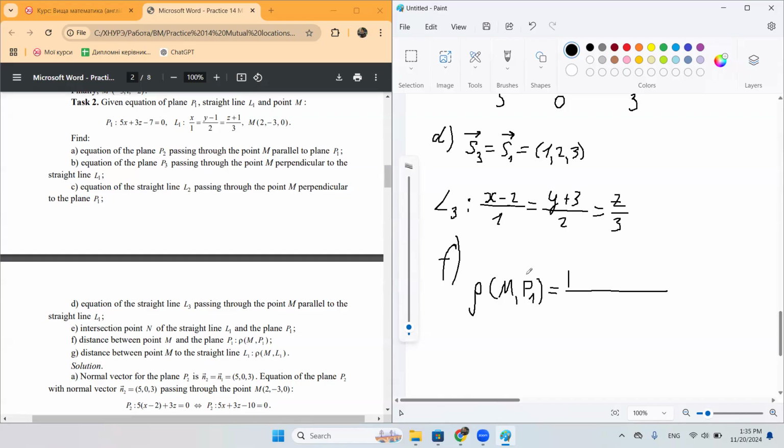So, 5 by 2 plus 0 by minus 3 plus 3 by 0, nice, minus 7, and divided by the magnitude of the normal vector. So square root of 25 plus 9.